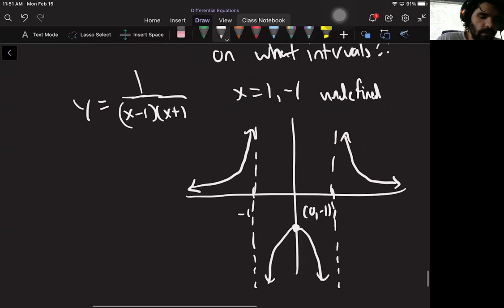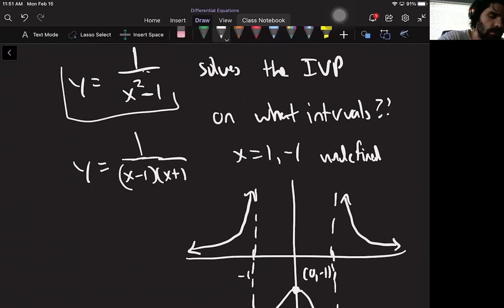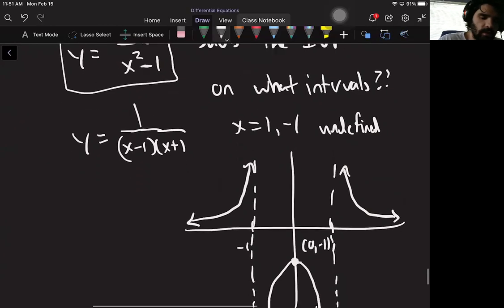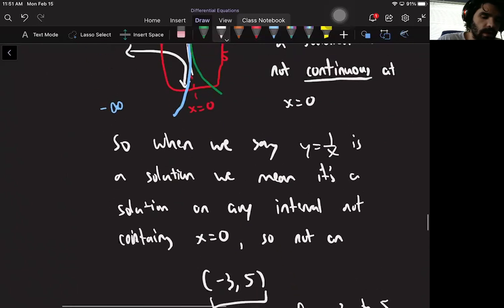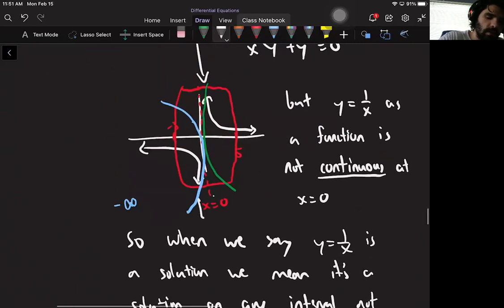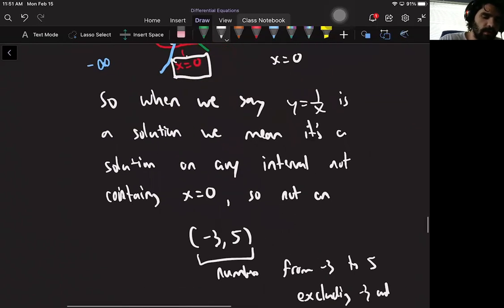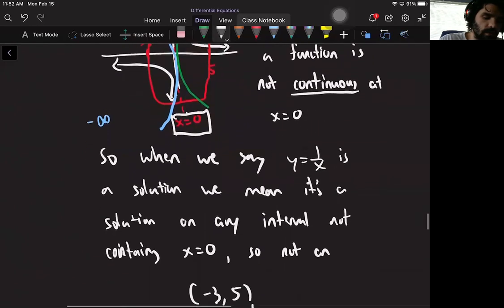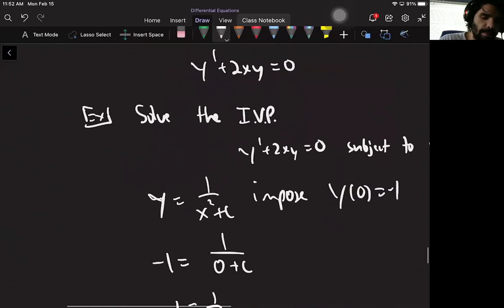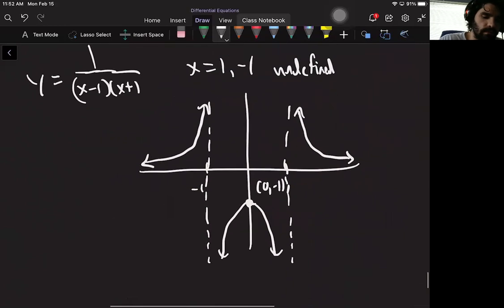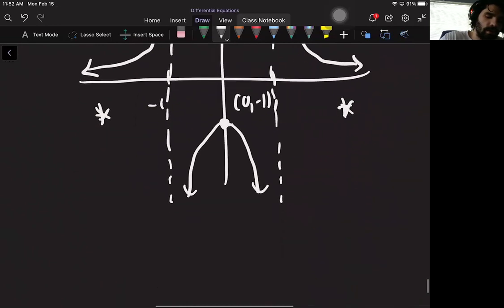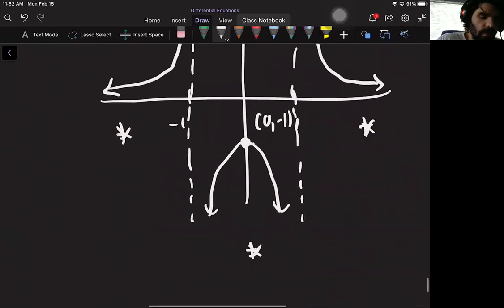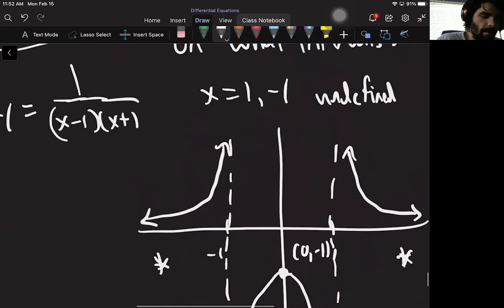So on what interval is this a solution? Well, now we have to be a little bit careful. So before, up here, I just got to avoid x equals 0 because that is an undefined place. So -infinity to 0 was fine, but so was 0 to infinity. Here, we don't actually have a choice. So you might be thinking, it's good over here, we're good over here, and we're good over in the middle too. If it wasn't for the initial value problem, that would be true.